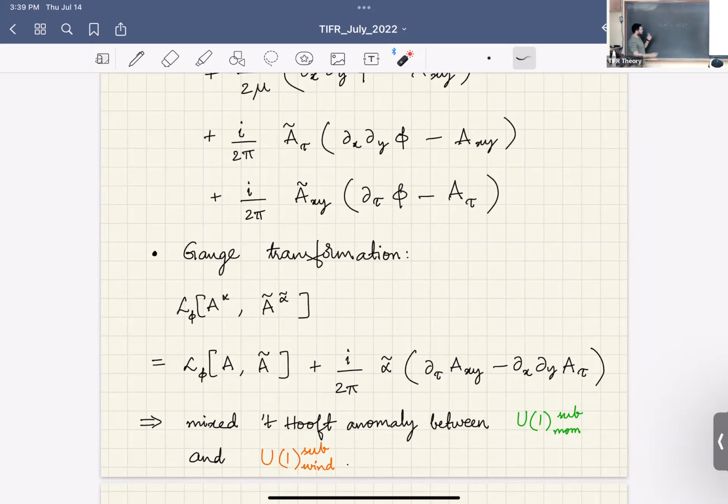And that comes about because you can shift phi by some linear function. When you place it on a spatial circle, you can shift phi by this, and these kinds of shifts are not suppressed by the action. The action is invariant under this, so this is a symmetry. But phi is a compact scalar, so you can also wind it around the spatial direction.